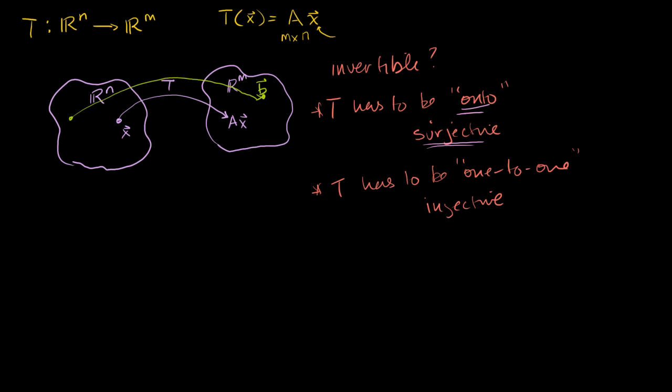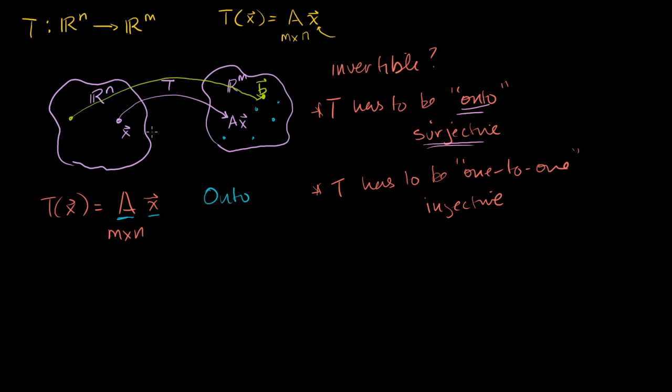So let's think about what that means. We know the transformation is Ax. The transformation of x is equal to some matrix A, an m by n matrix, times the vector x. Now, if T has to be onto, that means any member of our codomain can be reached by multiplying our matrix A by some member of our domain.